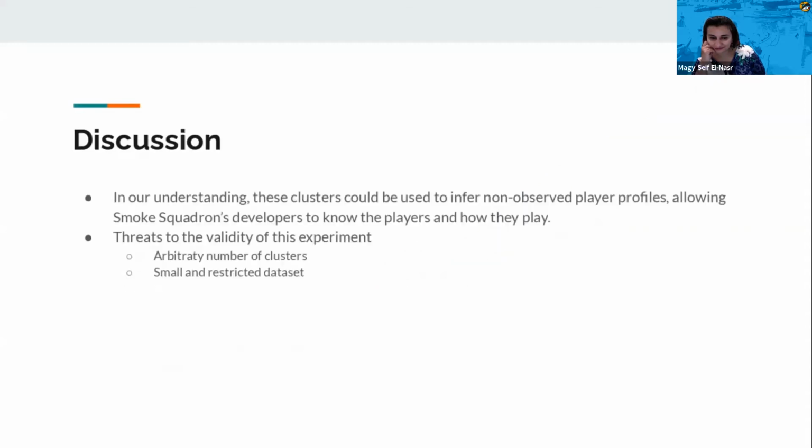These clusters could be used to infer non-observed player behaviors into profiles, allowing the developer to know profiles of the players and how the players play, reinforcing or reviewing game mechanics for specific audiences.